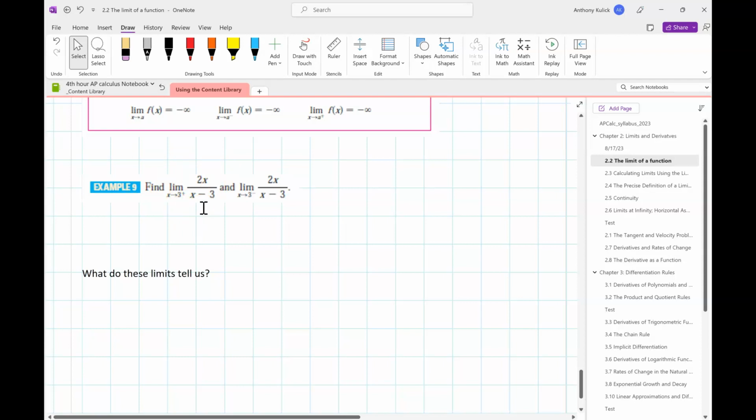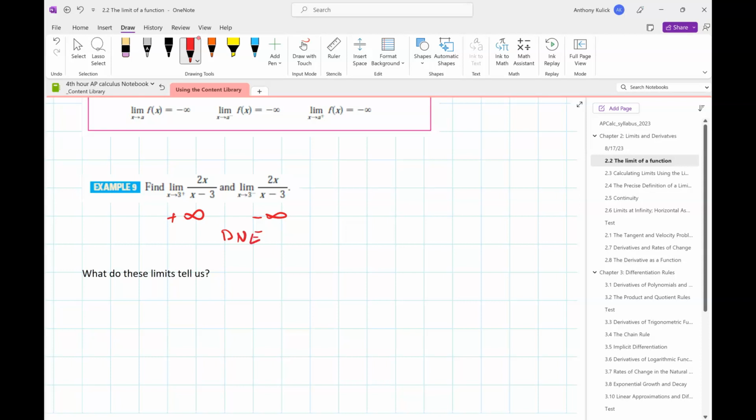So if we look at this, what you're going to see is this limit is positive infinity, and this limit is negative infinity. So we'd conclude that the limit does not exist, but we do have a VA at x equals 3.